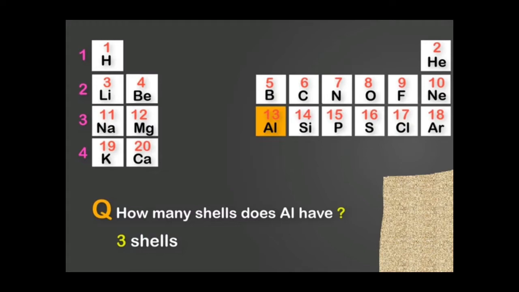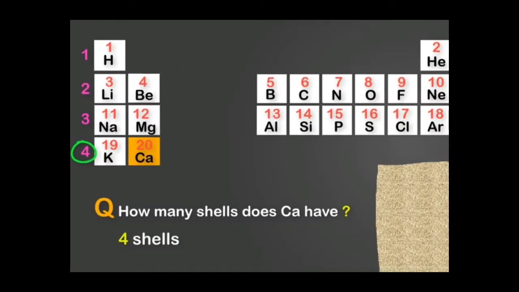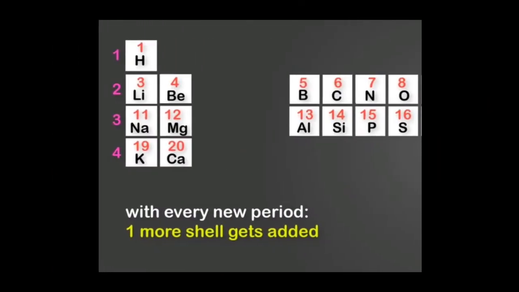Yes, 3 shells since it is in period 3. How many shells does calcium have? Yes, 4 shells as it is in period 4. So, with every new period, one more shell is being added.